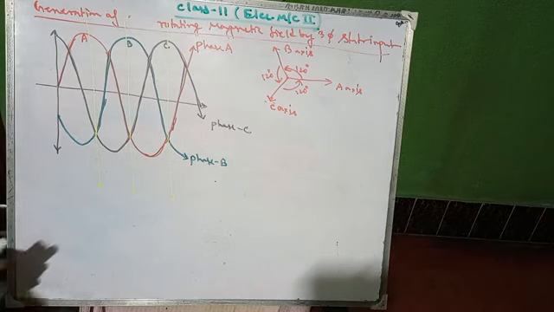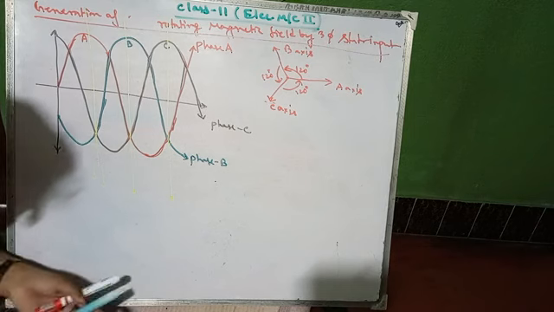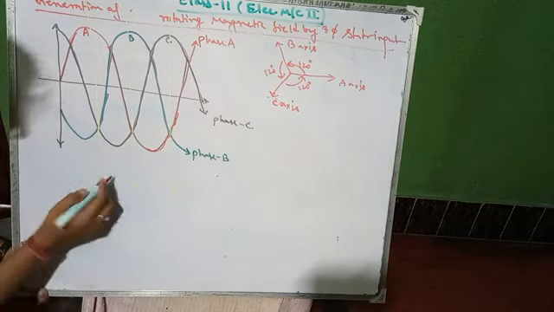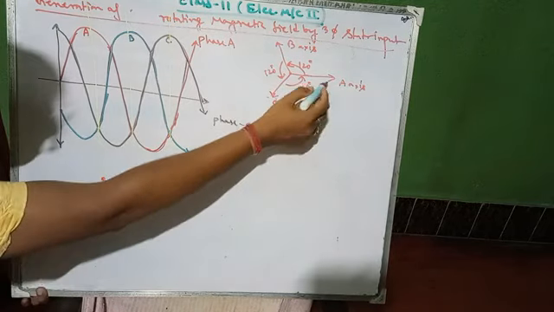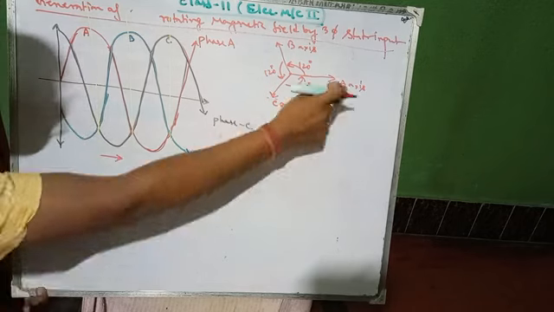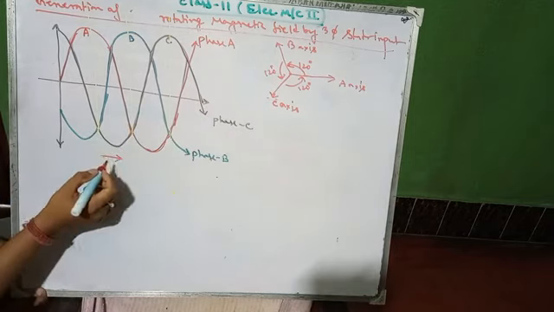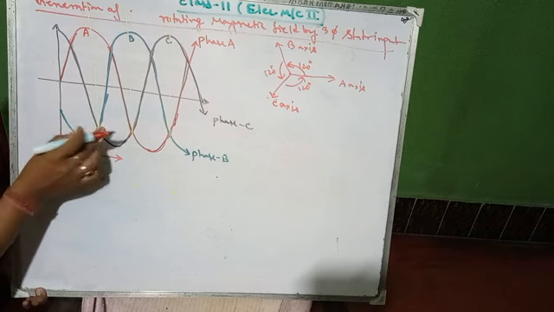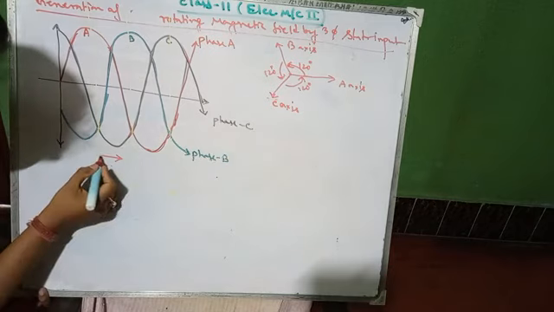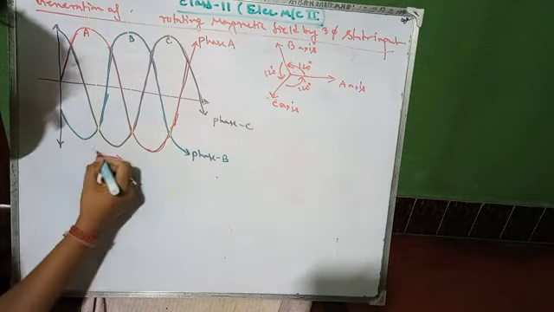At the first instant, this type of concept I have already given you. At this first instant, A phase is maximum in its own axis, and B phase is negative half, a ratio in negative. So B negative is in this direction. And C will also be in this situation.